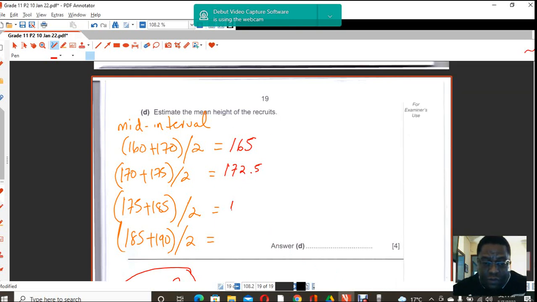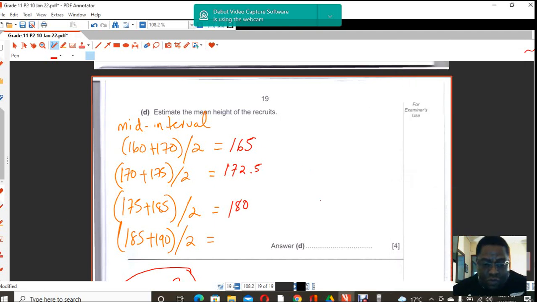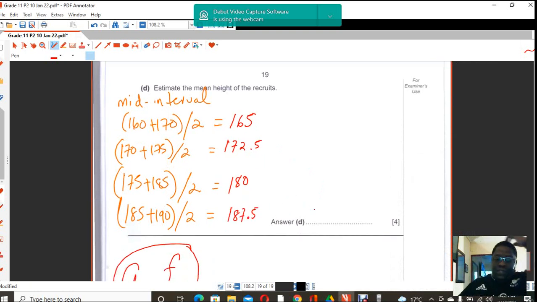And the last one, we're going to do the same: 185 plus 190, and divide that by 2. That's 187.5. Now you might ask me, why is that information important?